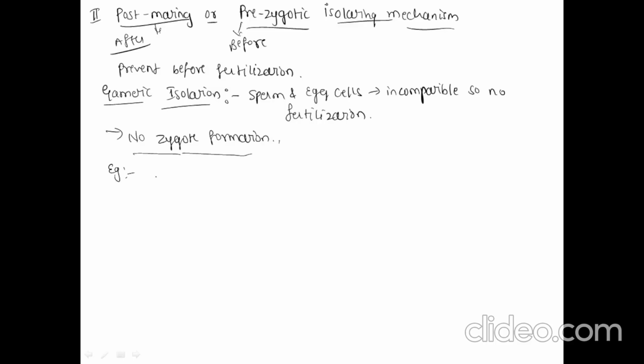An example of gametic isolation is in some sea urchins, where sperm of one species may be released near the eggs of another species.